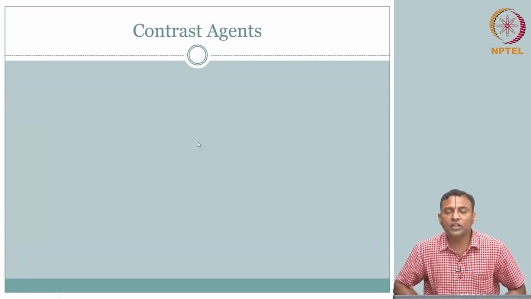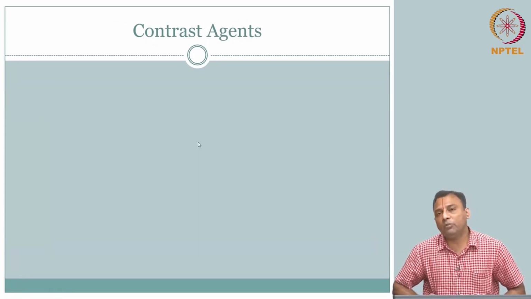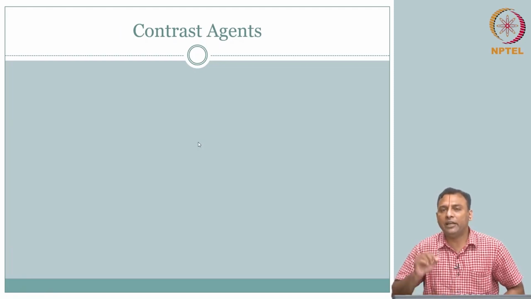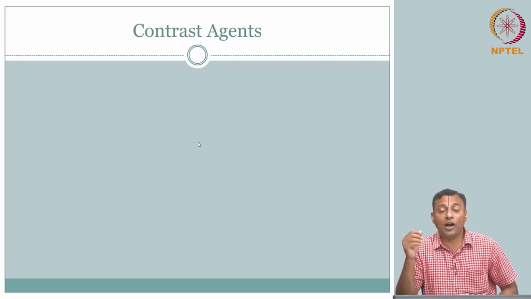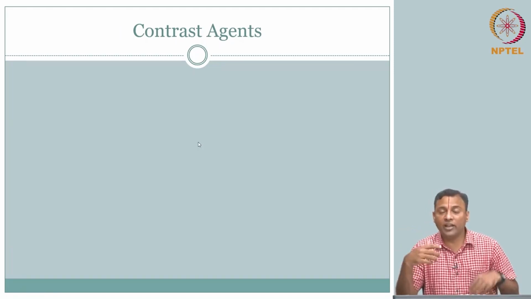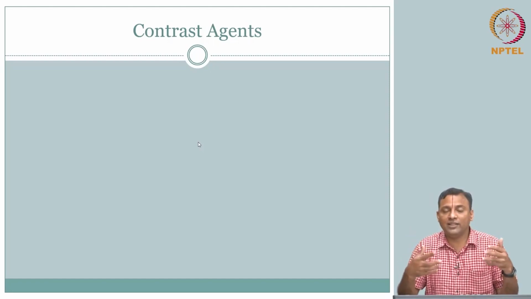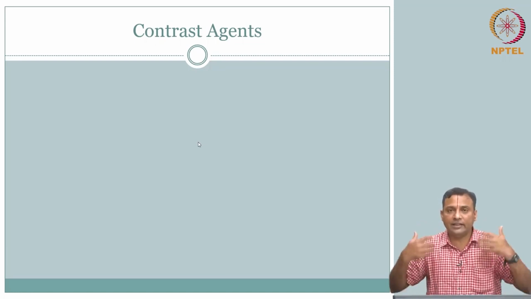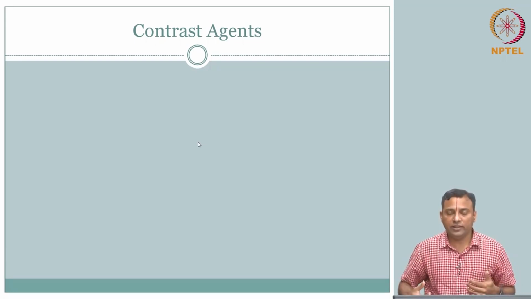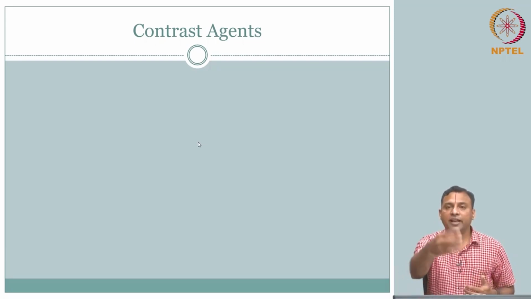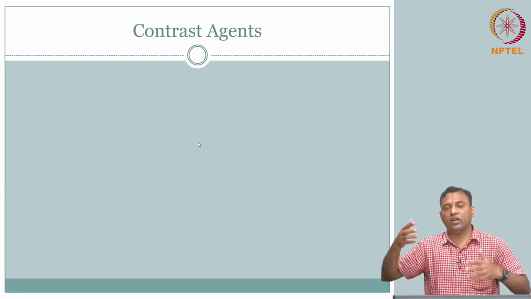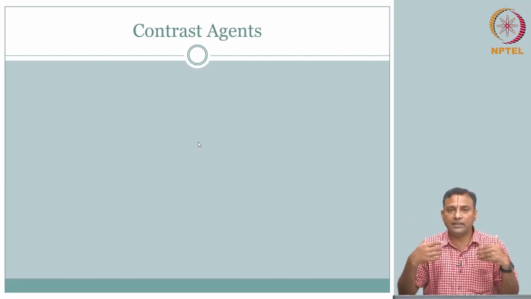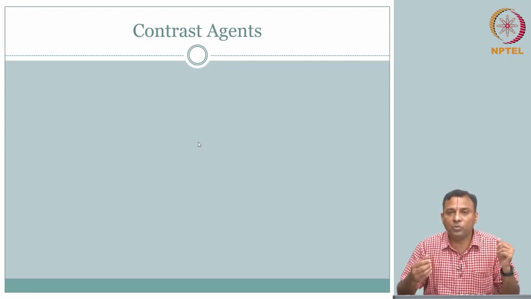So next is your contrast agents. What did we talk about contrast agents? In the brief intro that I gave when we talked about contrast. So here again we are not engineering. So why is this part of instrumentation? There is an inherent contrast, the 3D distribution, and the instrumentation of generating the X-ray and detecting it is all on the outside. But why is this covered as part of instrumentation?